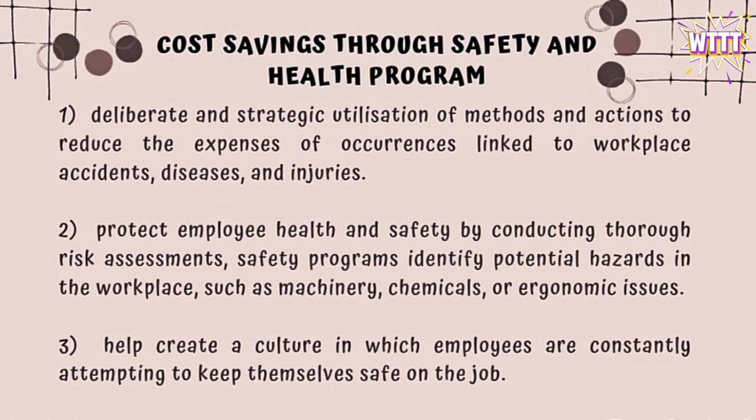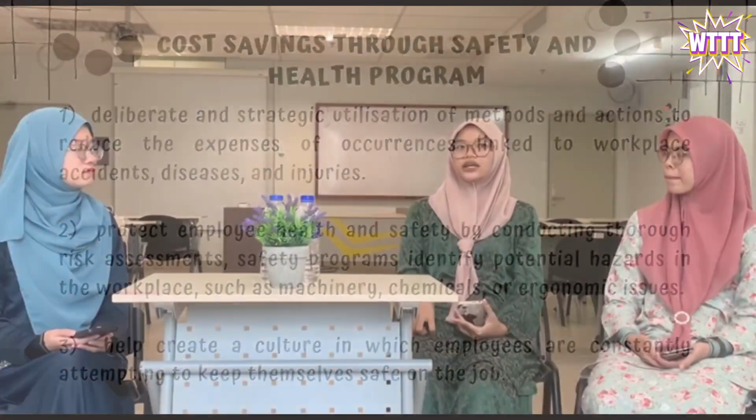By doing the robust safety and health program, it can contribute to long-term safety in the work environment. And lastly, I think some companies are not aware of this and might think that this is not important, but I think this is quite significant for the safety and health program. Emergency preparedness.